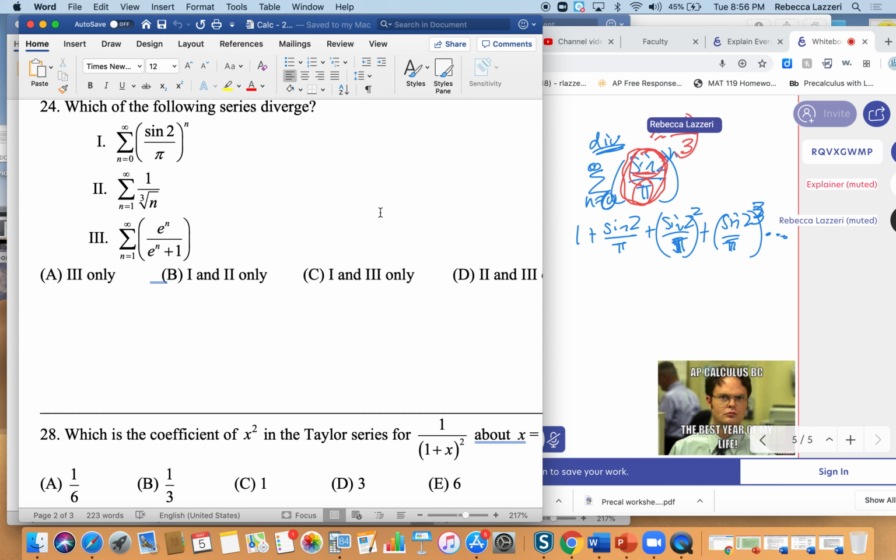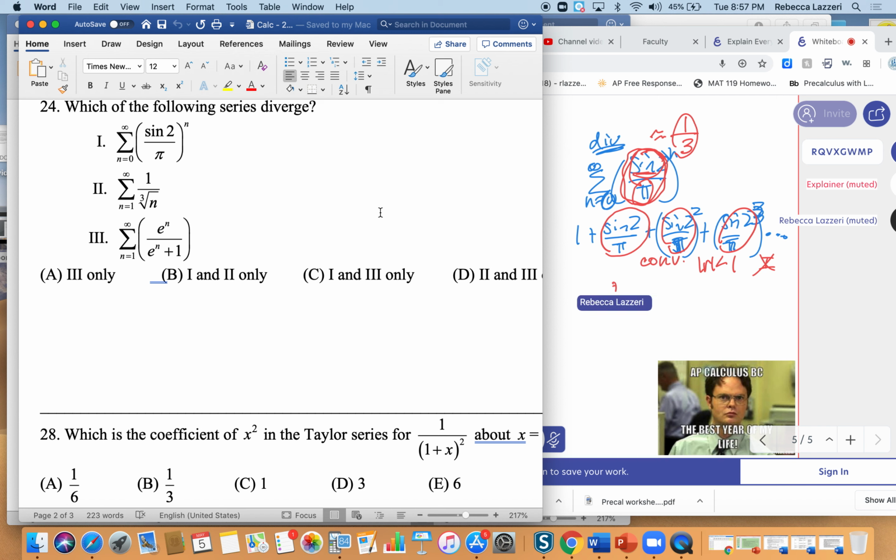And so this one is actually going to converge because the absolute value of my ratio is less than 1, because I'm multiplying by sine of 2 over pi. These are all just numbers. All right, so it's not 1 because it asked me which ones diverge, and that one converges.